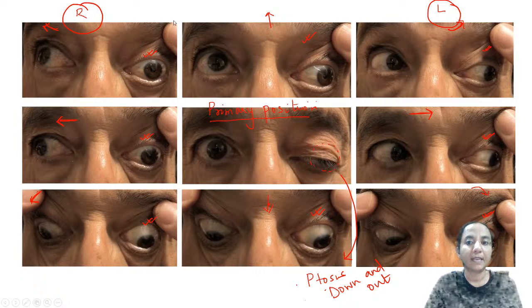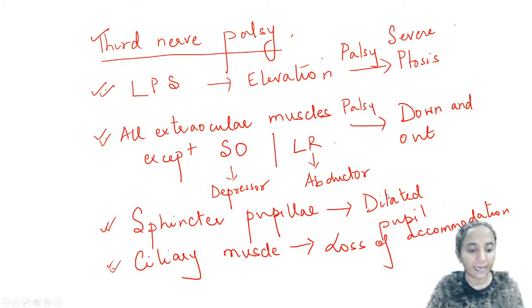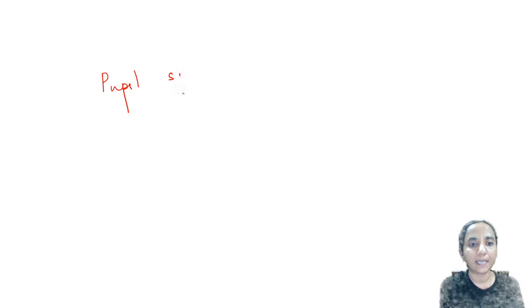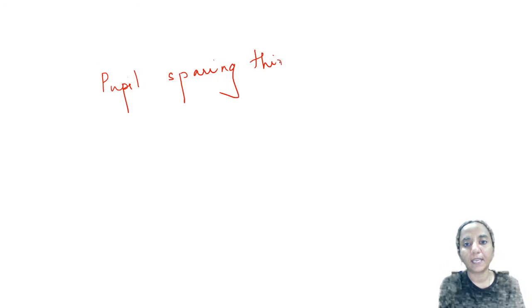But if you look at the picture carefully, you will see that the pupil, I told you, in a third nerve palsy is supposed to be dilated. But here, see, the pupil is not dilated. So this is basically a pupil sparing third nerve palsy. Now, where do we get a pupil sparing third nerve palsy?